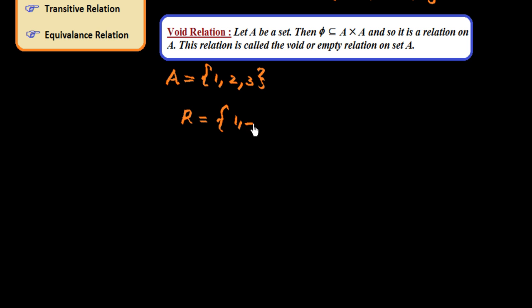If I say (1, 2) and (2, 4), here you see 4 does not belong to A. So this relation is a void relation. If there is no relation among the elements of A cross A, it is called the void relation.